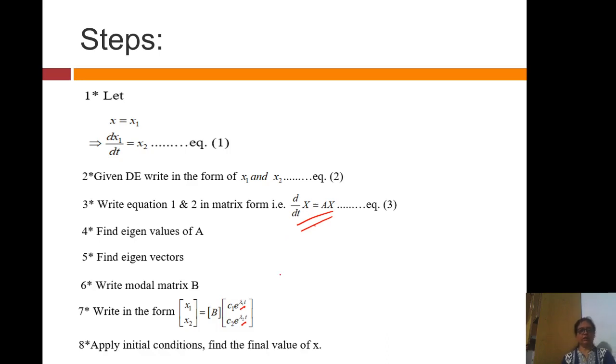If initial conditions are not given, we write the general solution in terms of C1 and C2. If initial conditions are given, we apply them, find the values of C1 and C2, and write the final answer as x.